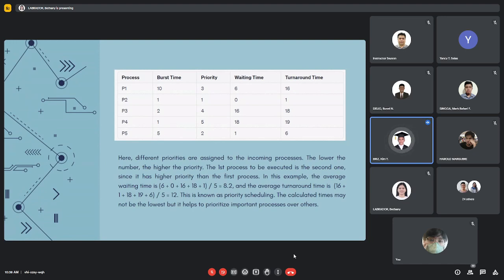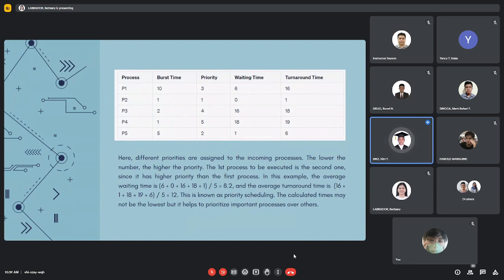Because P2 is first to be executed, it will have a waiting time of 0 with a turnaround time of 1 because it has a burst time of 1. So 0 plus 1 is 1. The next process to be executed will be P5 since it has a priority number of 2.